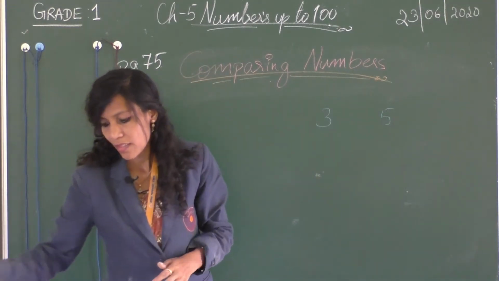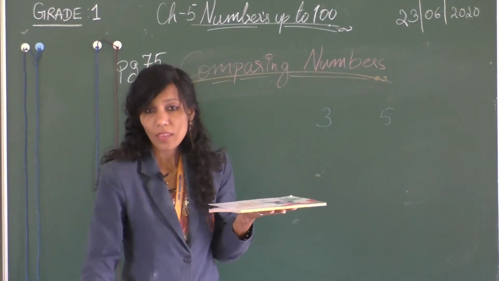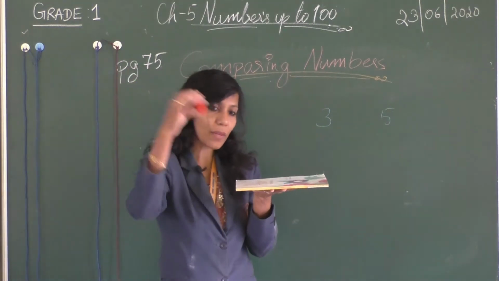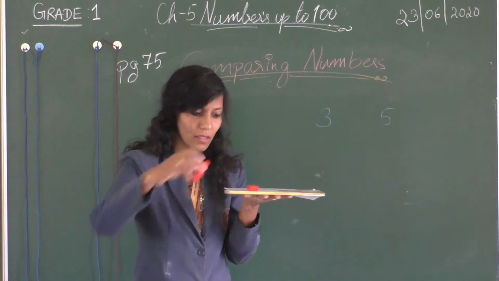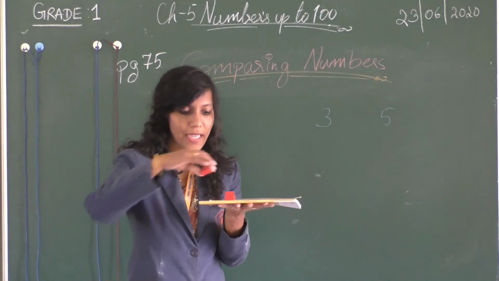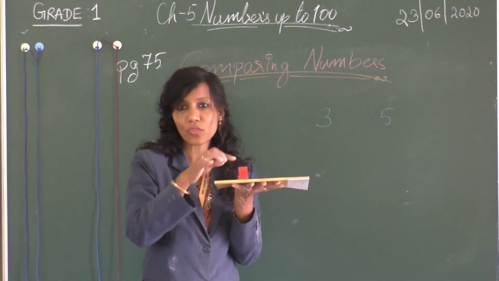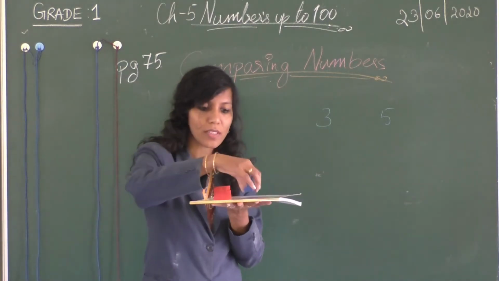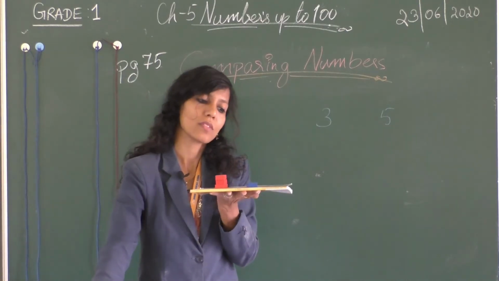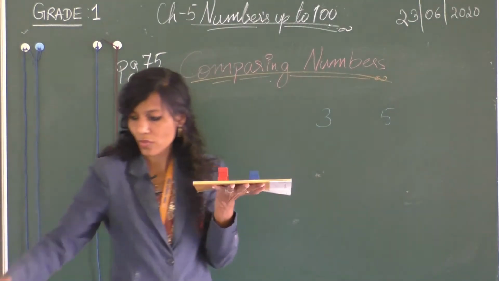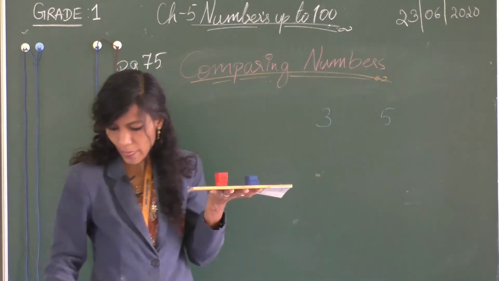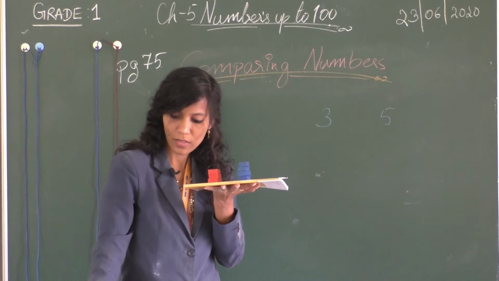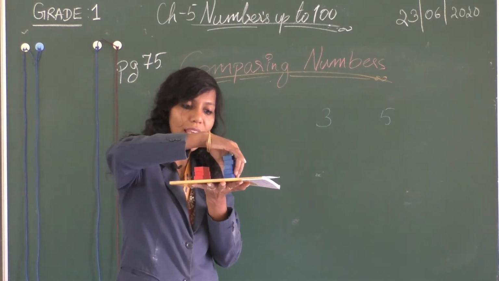Let's check. So here I take a base. First is 3, so I am taking 3 blocks. 1, 2 and 3. You can see 3 blocks. Next I am taking 5 blocks. 1, 2, 3, 4 and 5.